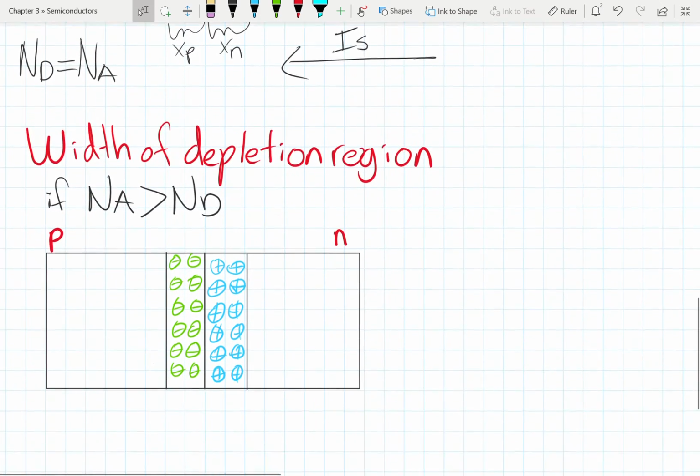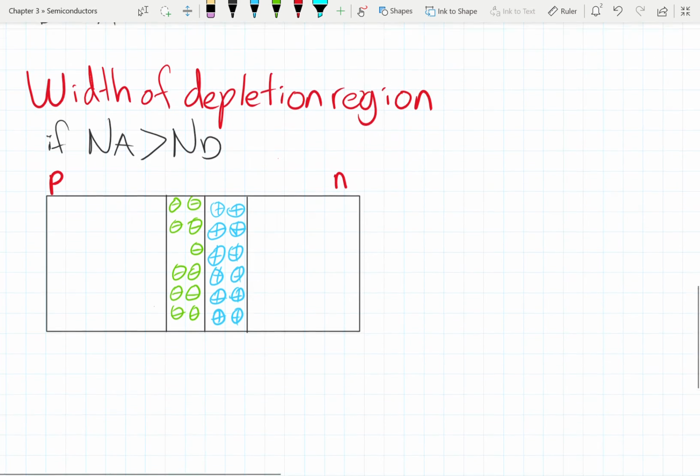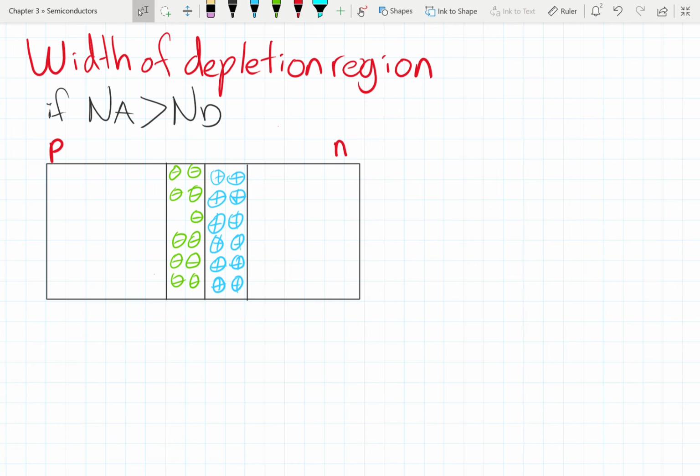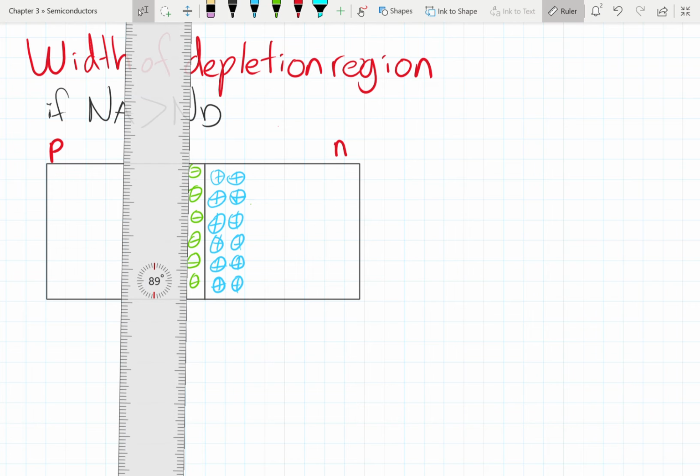If the concentration is greater on the acceptor side than on the donor side, what you're going to see is that the width on the p side is going to be reduced, and the width on the n side is going to be increased.